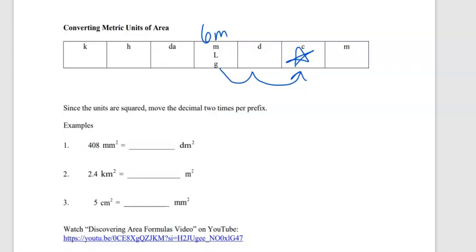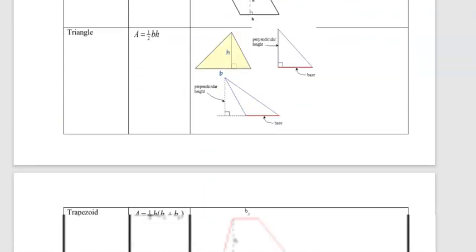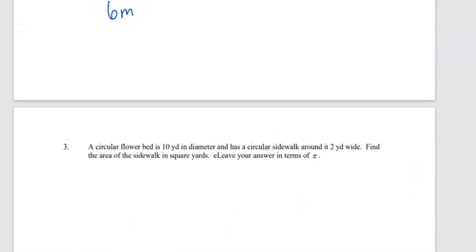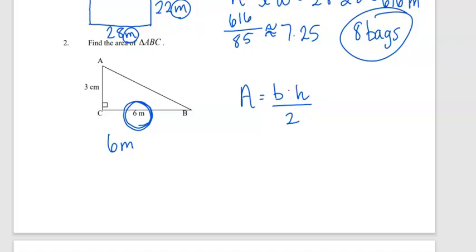We don't double the movement here because we're not converting the area. We're converting a length. And so it's just 2 units to the right. We don't do times 2 because this is just meters. This is not meters squared like we did right here. So if I go 2 to the right, it's going to make 600 centimeters.